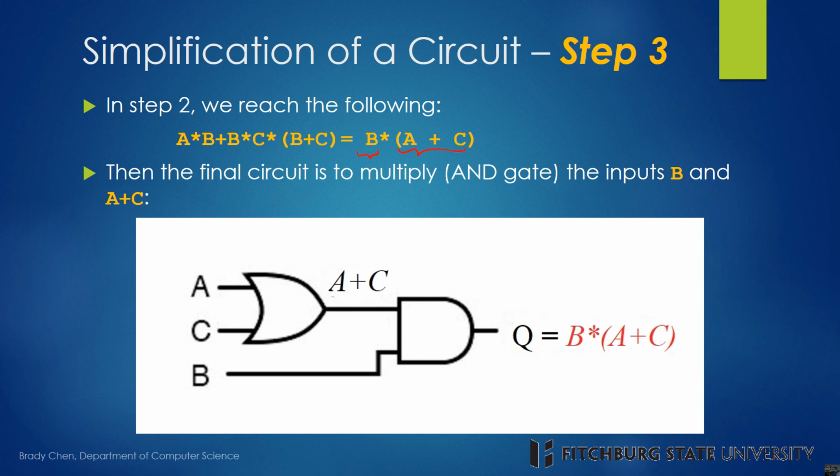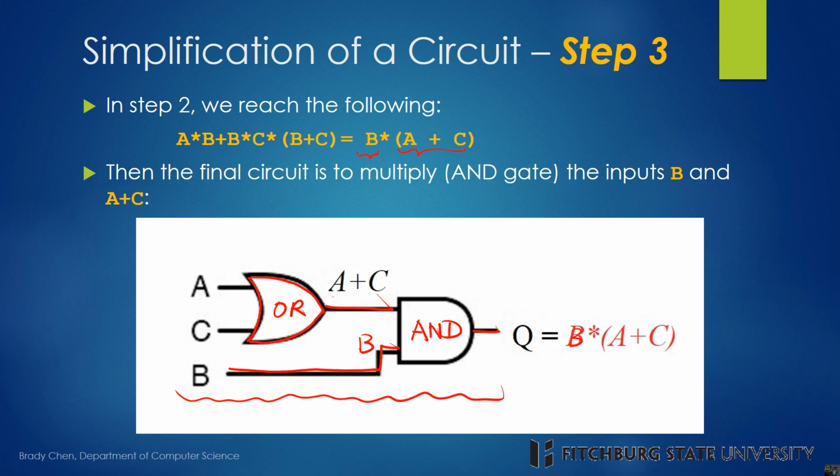We have A plus C, which is the output of this OR gate, and then we have another input B. Then passing through the AND gate, we create B times parenthesis A plus C. So we combine this AND gate with the OR gate we just created in the previous slide, and that's the circuit diagram of the simplified logic expression.